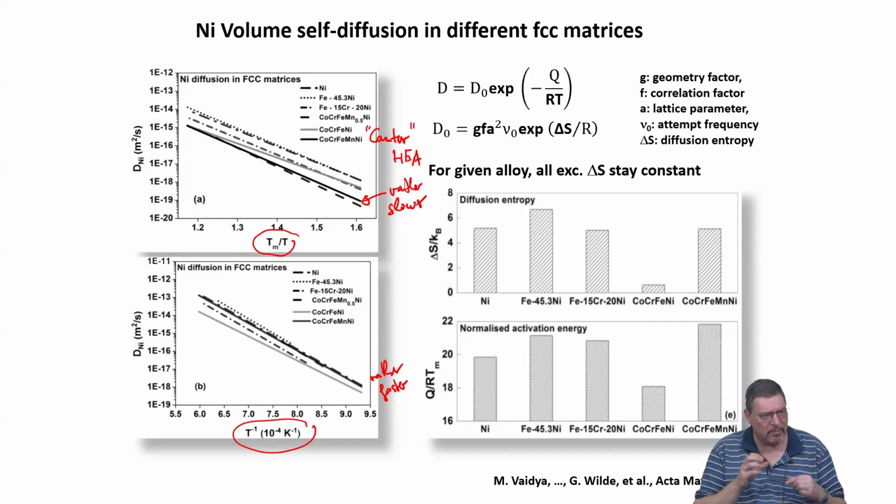And these vacancy binding interactions to specific elements are different. And this is probably also the reason why there are some differences, especially in the activation enthalpy, going from 4-component cobalt, chromium, iron, nickel to 5-component cobalt, chromium, iron, nickel, manganese, because manganese is the most different of these atoms. And most probably what we see here in terms of differences of the diffusivity between these two alloys is an outcome of adding a new element, manganese, into the system.